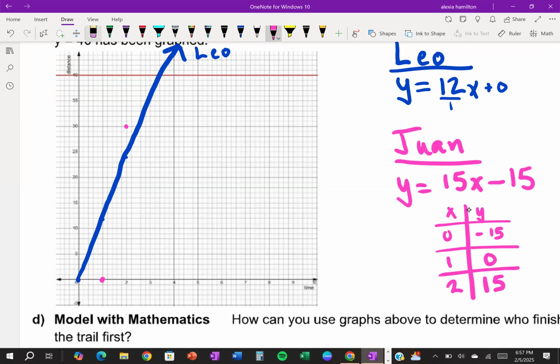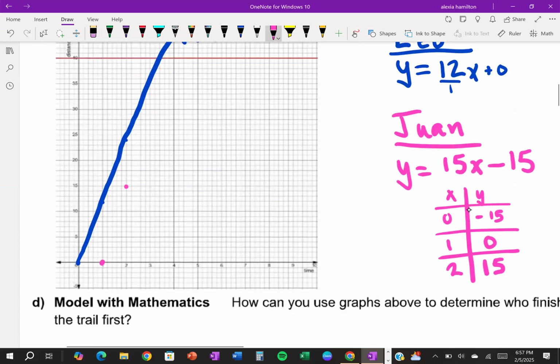I lied. It's 15 at 2. There we go. I wrote 15, but I was graphing 30. Told you I'm not feeling the best.